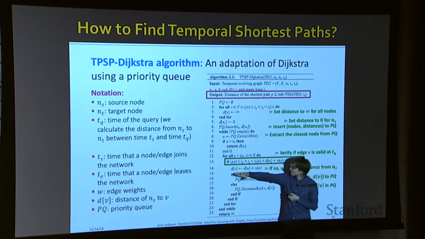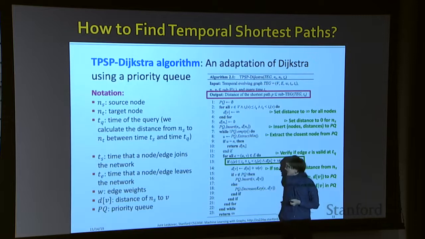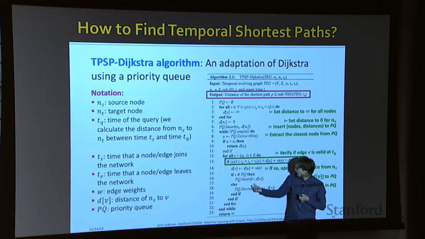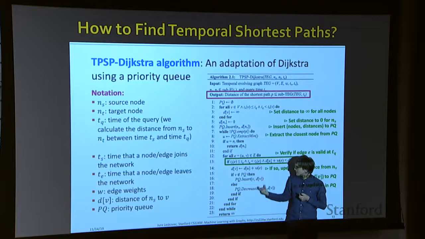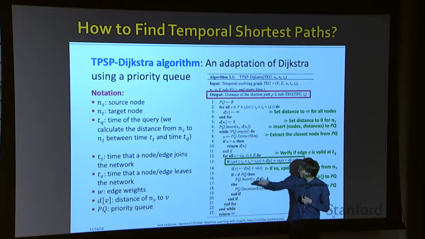And if that's the case, we update the distance, and then we insert v and the distance into the priority queue, and so on.